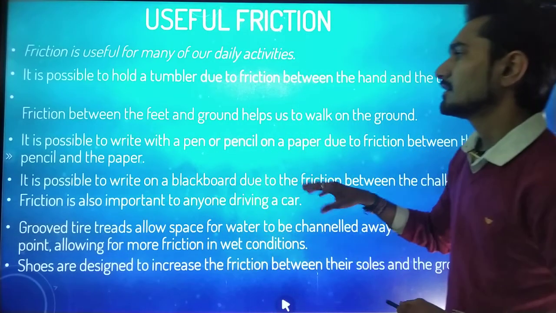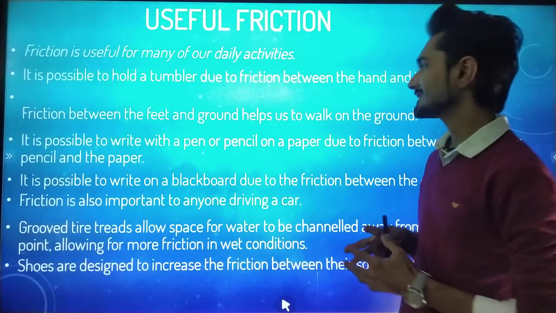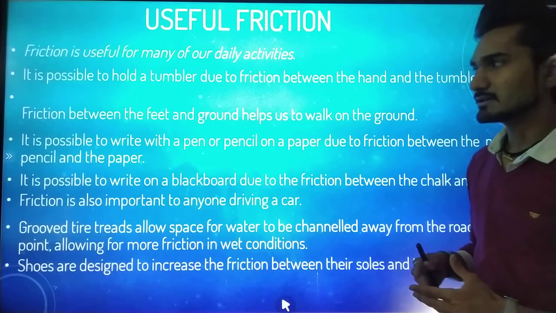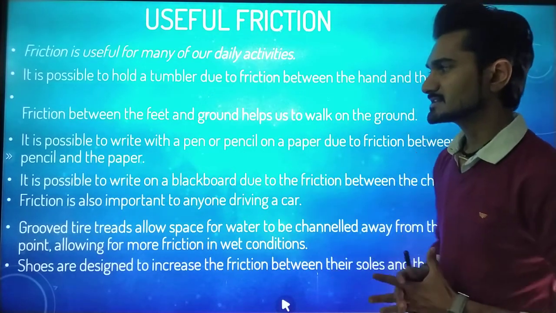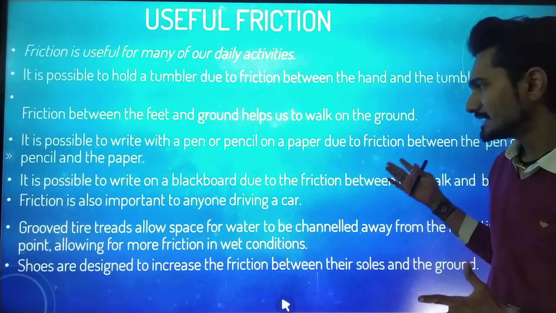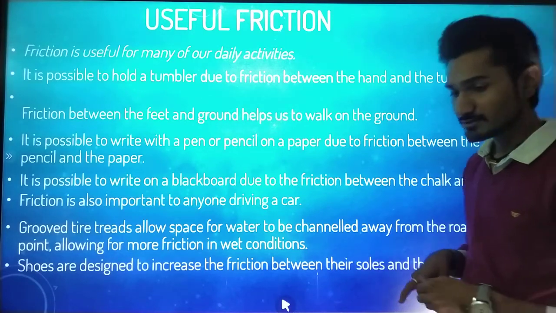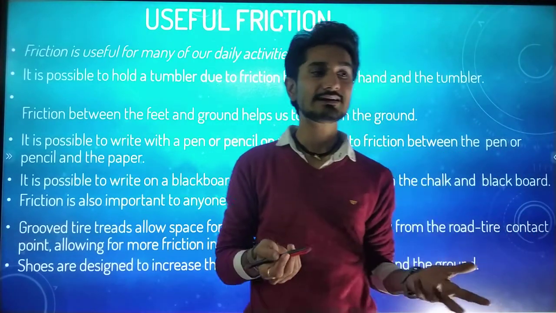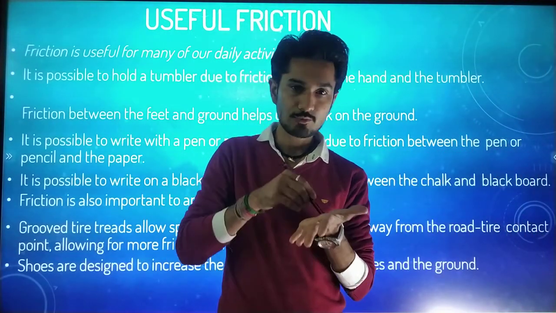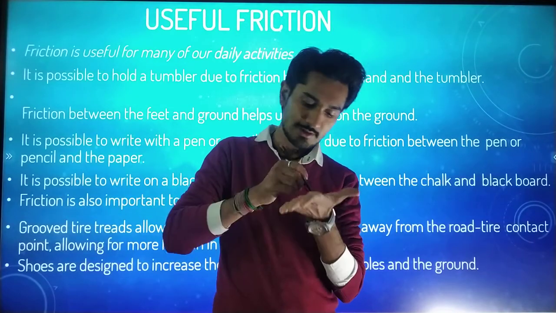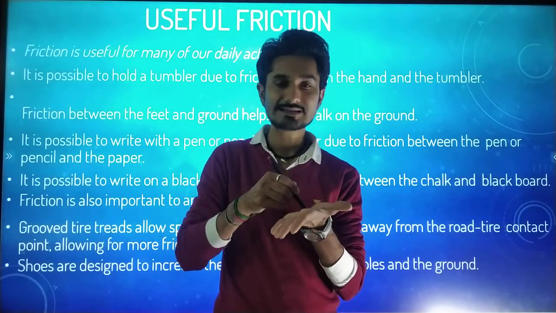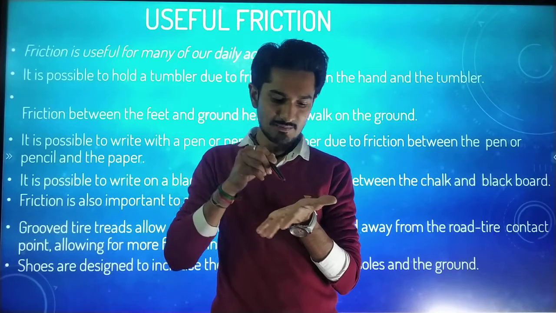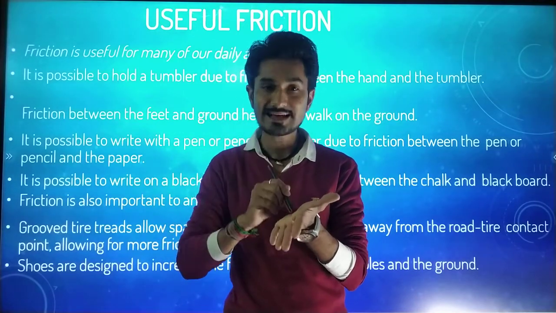Friction between the feet and the ground helps us to walk. It is impossible to write with a pen or pencil on paper without friction. If you are putting force onto your pen and pencil, and the amount of friction is less, then what happens?